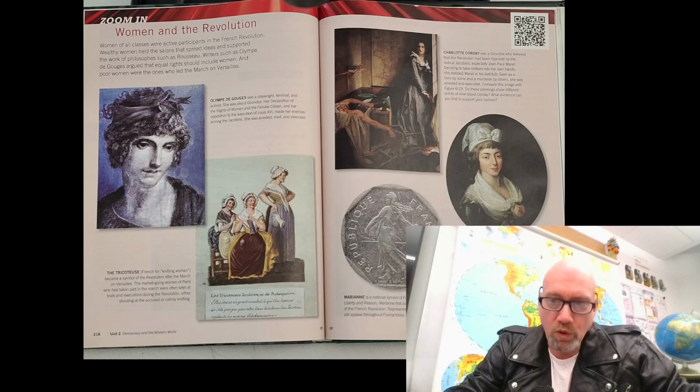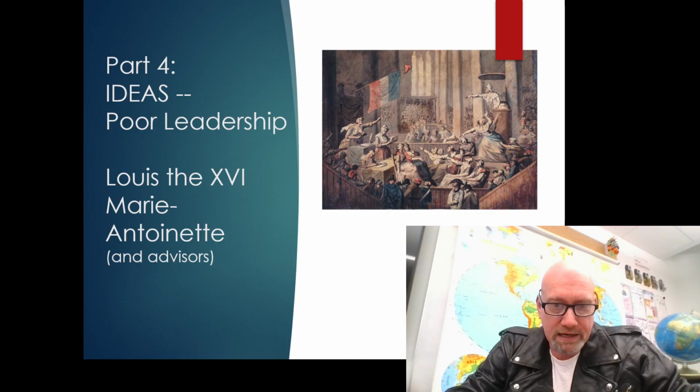So there was a role for women during the French Revolution, from being writers like Olympe de Gouges, who wrote about women's rights philosophically and made a really important contribution, one of the great early feminists, and other roles. We should also mention that there were the women of the fish market. We're going to come back to that later.